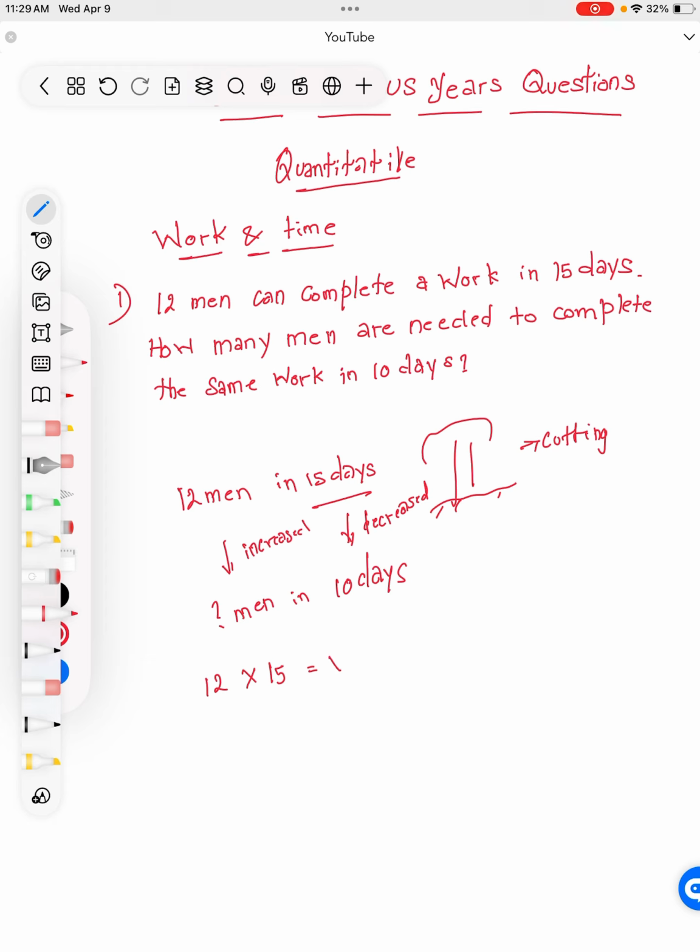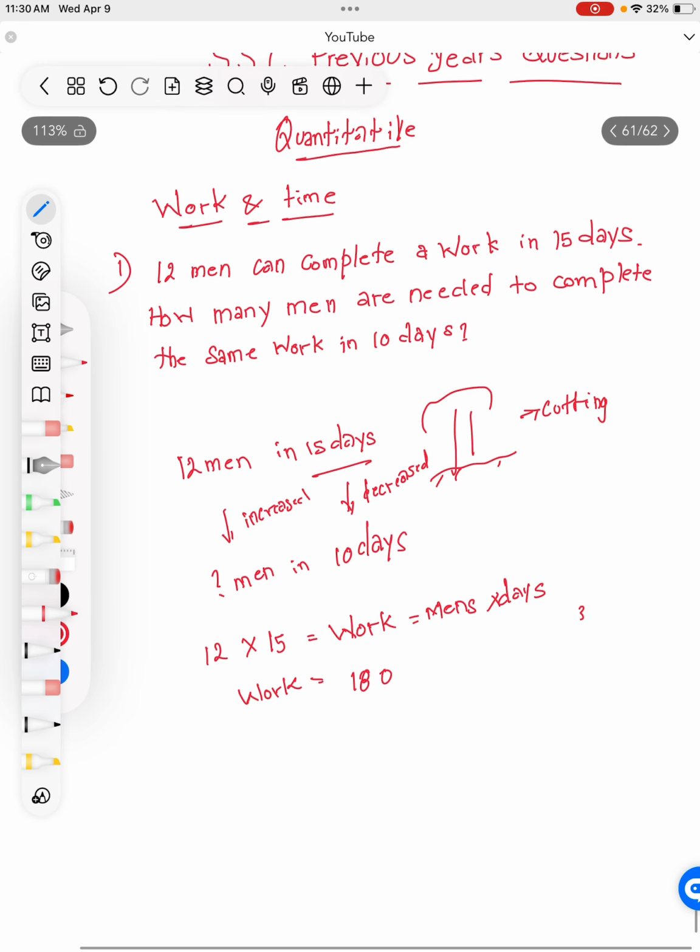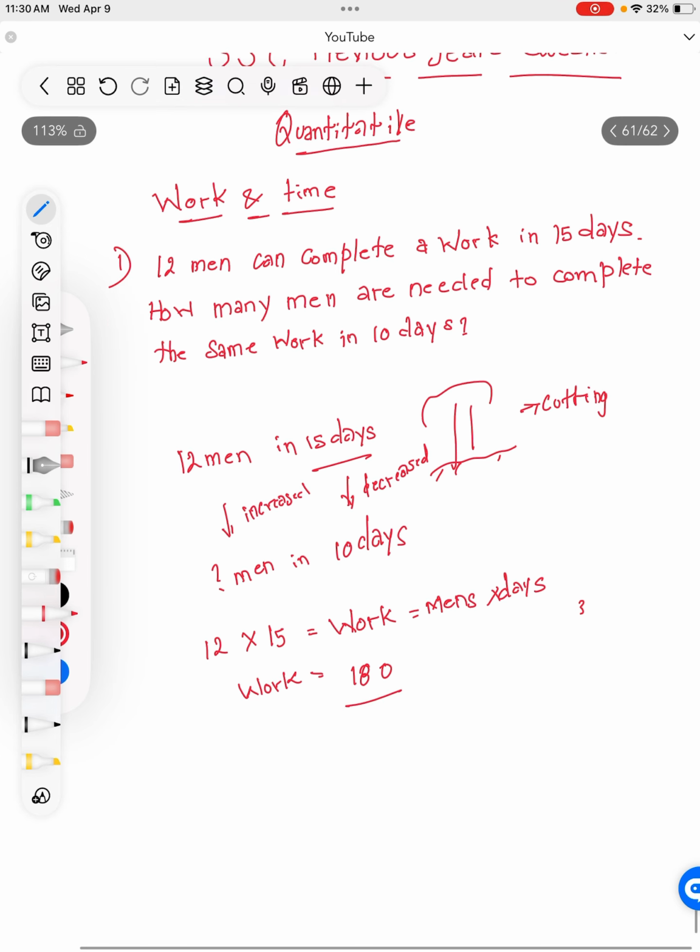So work is equal to men into days. Work is equal to 12 times 15, which is 180. So this is the work to be completed.